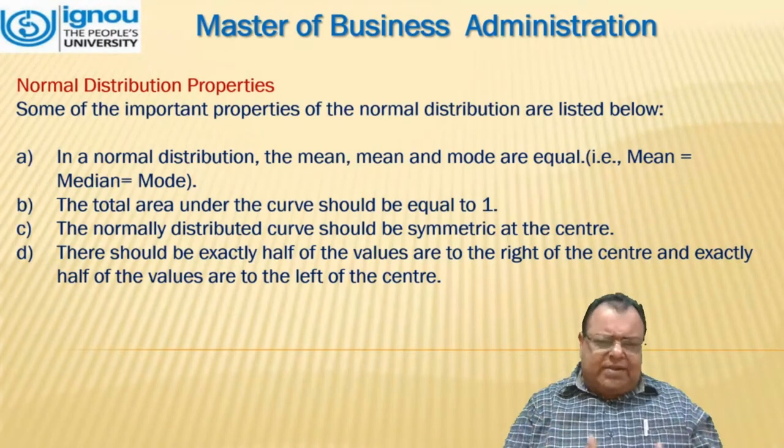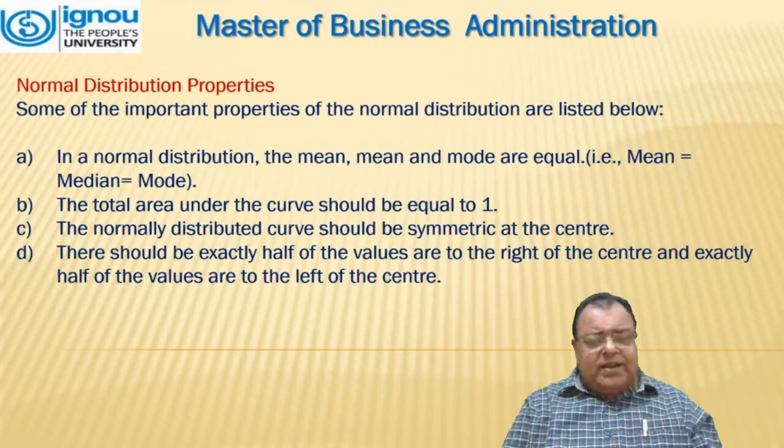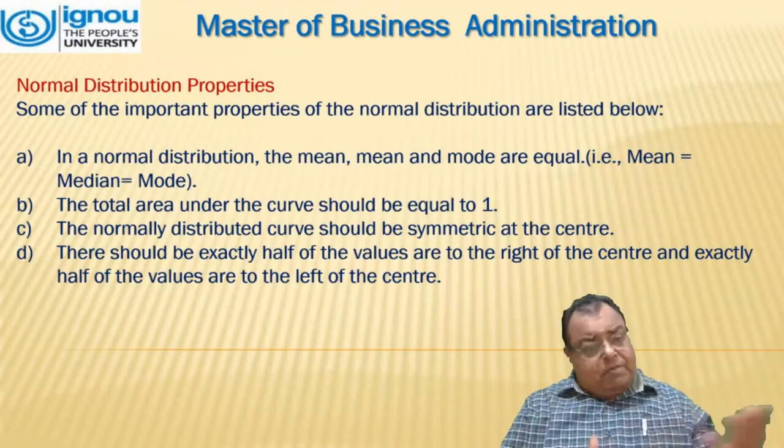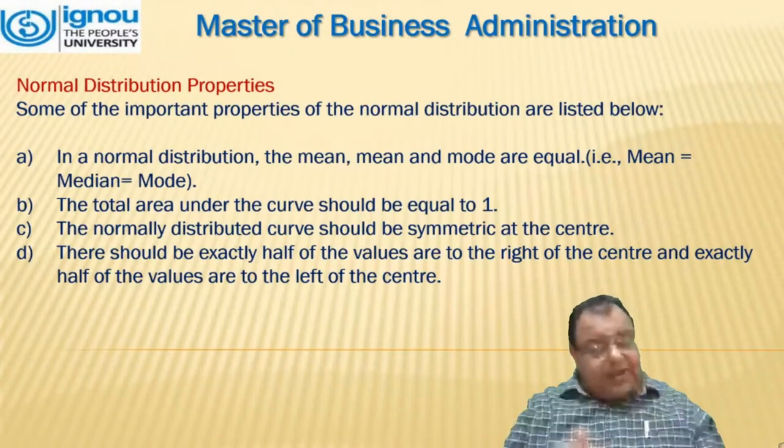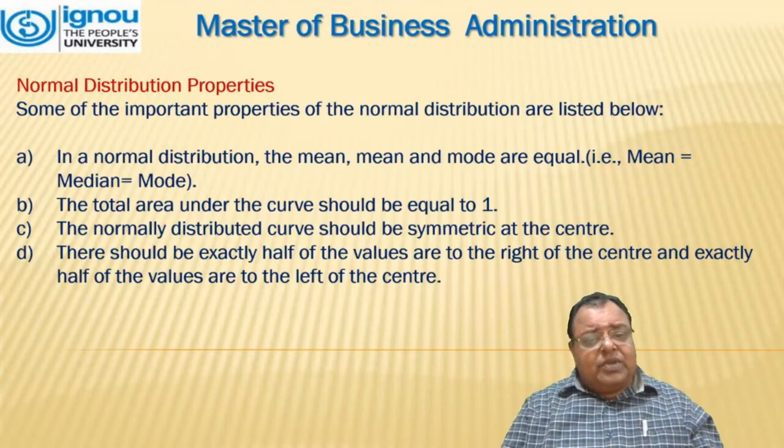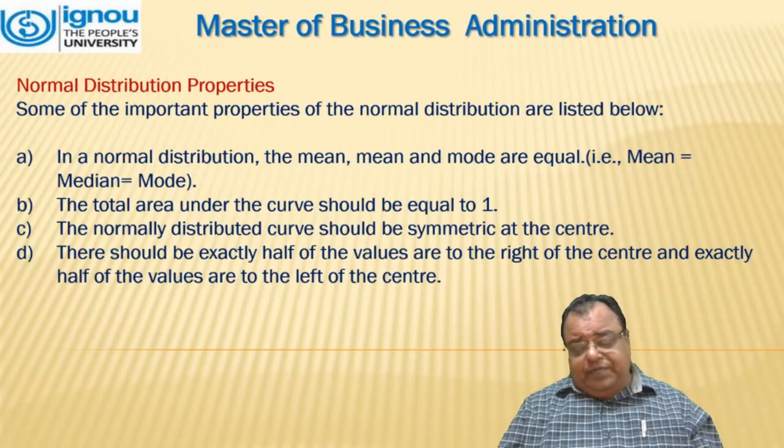That means we have a center line, and on the left side we have a probability of the event as 0.5, and on the other side we have a probability of 0.5 for the occurrence of the event.